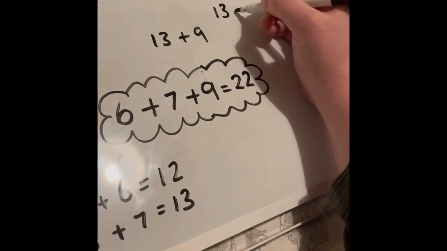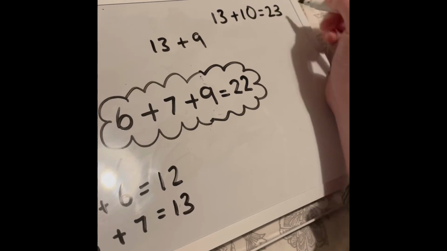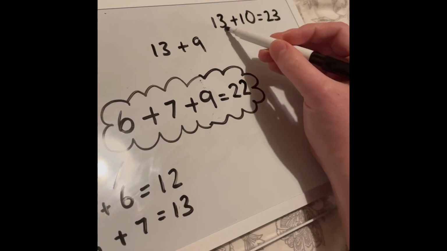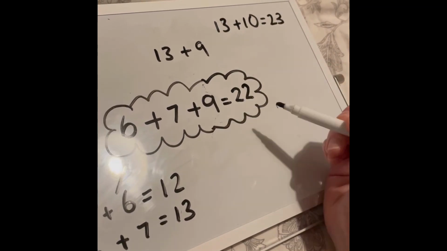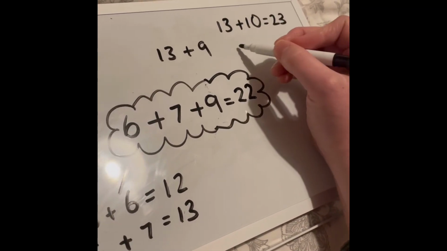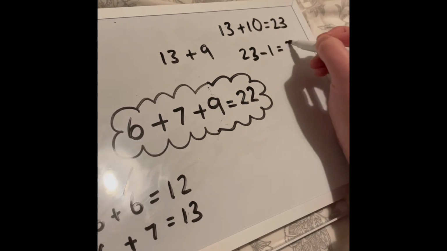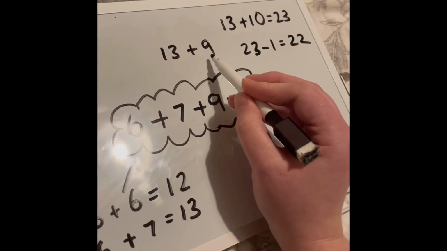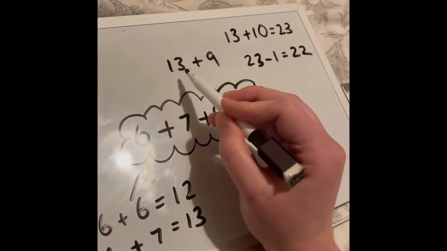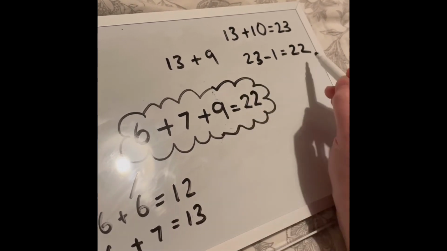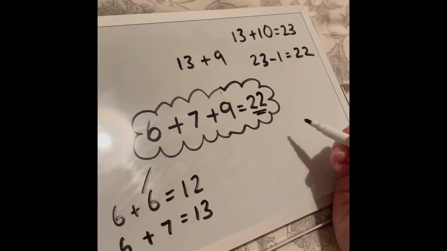So you could do 13 add 10, which is 23, because remember when we're adding in tens, the ones column doesn't change. So for adding 9, what do we need to do? We need to take 1 away from that. So 23 take away 1 is 22. That's nearly 10, isn't it? So if we do 13 add 10, we can work out what 13 add 9 is by taking away 1 at the end, and that equals 22.